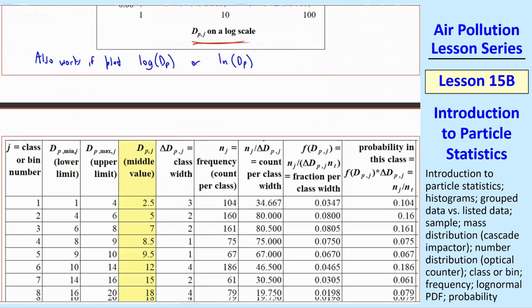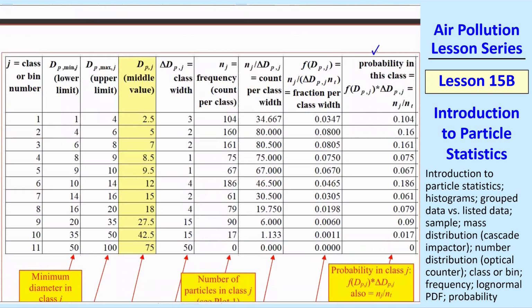Finally, I added one more column, the probability in the class. I took the column to the left of it, F, which was nj over delta dpj and nt in the denominator, and I multiplied by the bin width, which just gives me nj over nt, which is the probability. So again, for our bin 6, we had 186 particles, nj, divided by 1,000, which is nt, and I get 0.186.